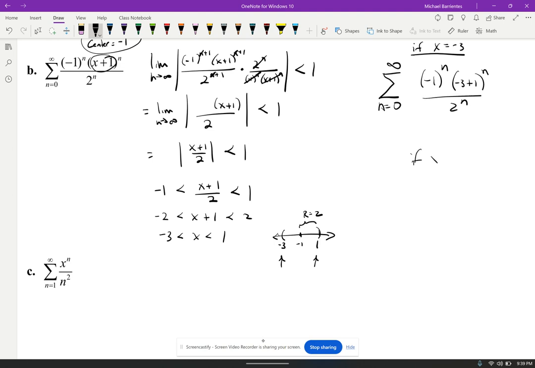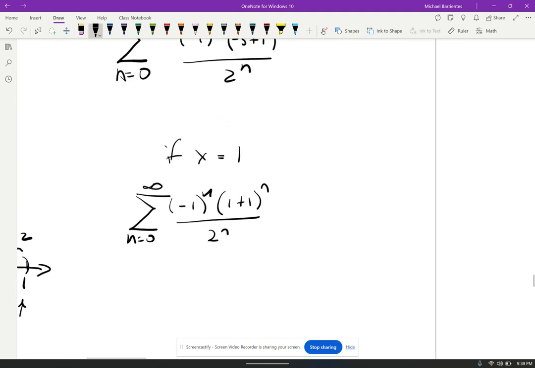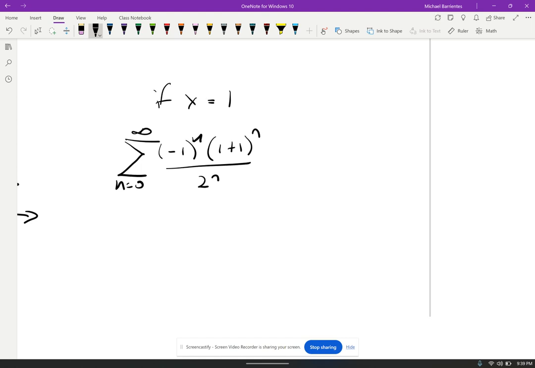And what if x equals +1? Well, then I'm going to substitute a +1 wherever I see an x. But I'm using the formula that is there, 2 to the n. I think I have that correct. Yes. Cool. Let's start with the right side endpoint.